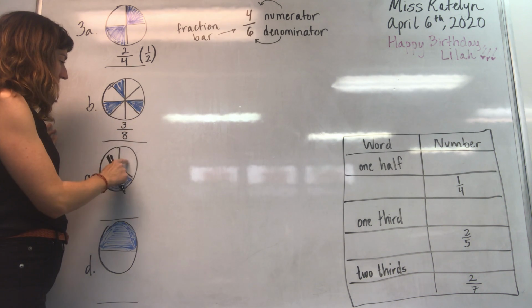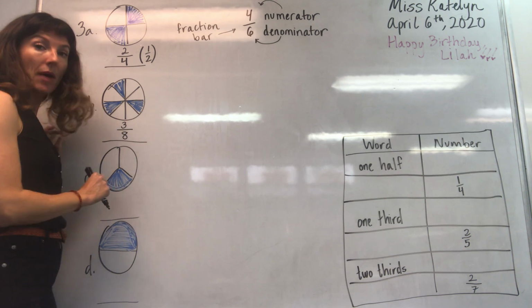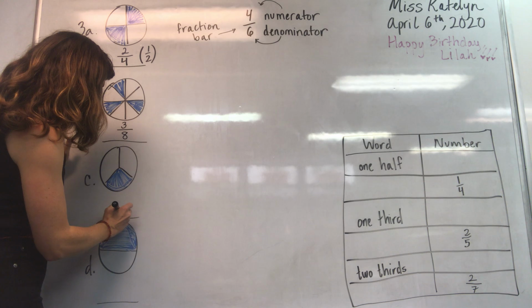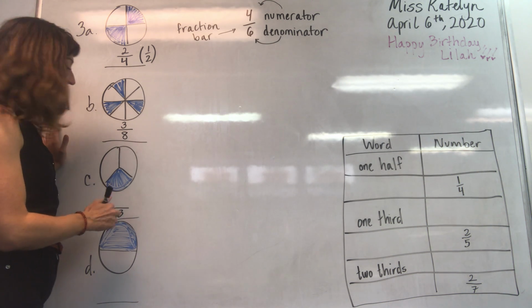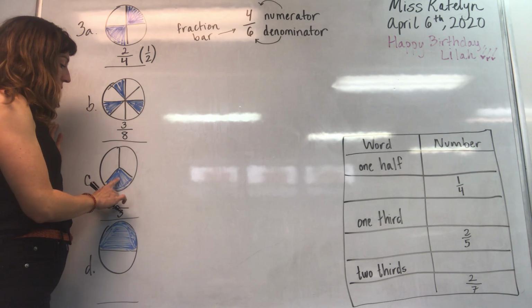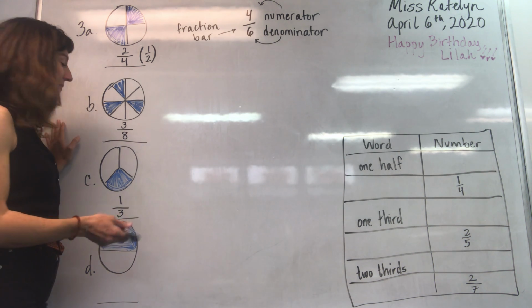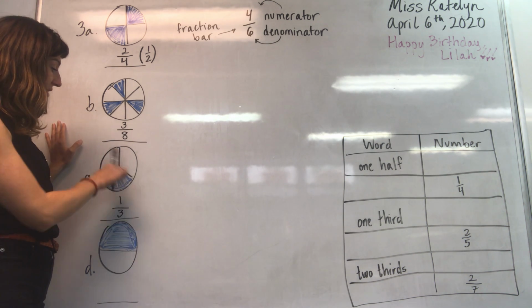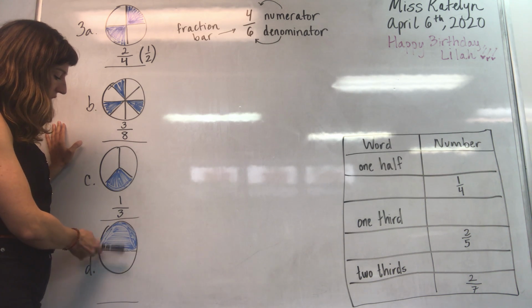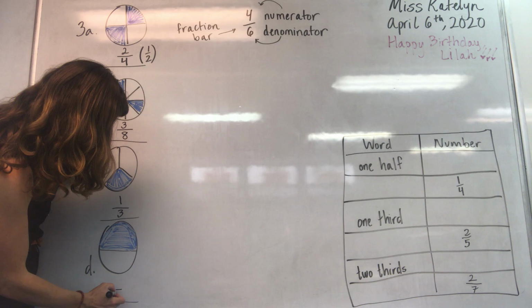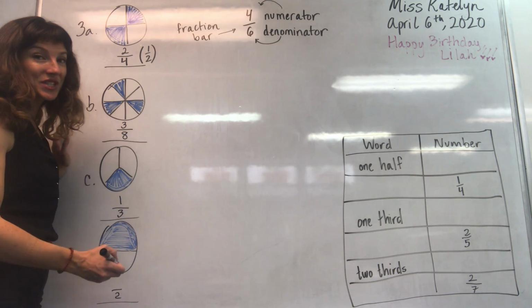Here we go. 3C. 1, 2, 3 parts total. That's the number on the bottom. That is your denominator. And then we count the blue, 1. Okay, that's your numerator. 1/3 is blue. And here we have 1, 2 parts total. That's your number on the bottom. That is your denominator.